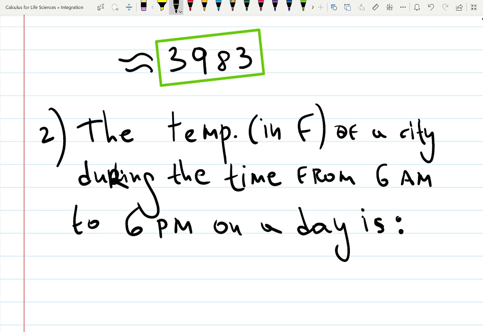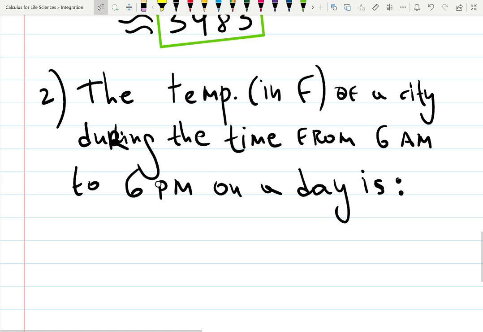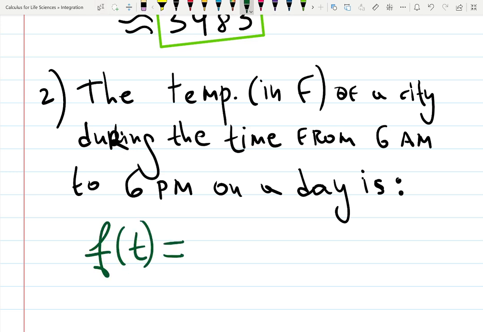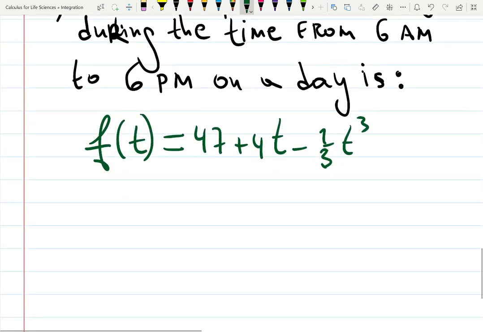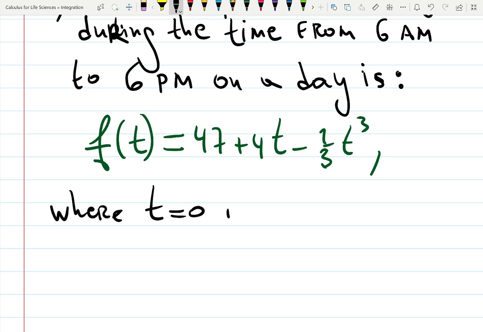Someone actually connected the dots and figured out it was a cubic equation, f of t, which depends on the moment of time. It was 47 plus 4t minus 1/3 t cubed, where t equals 0 is at 6 a.m., the beginning, and then it keeps growing.